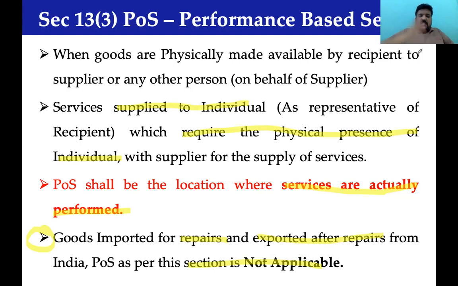In case services are provided to individuals which require the physical presence of the individual, be it goods or individuals, you require physical presence for supply of services. The place where the service is performed would become the place of supply.